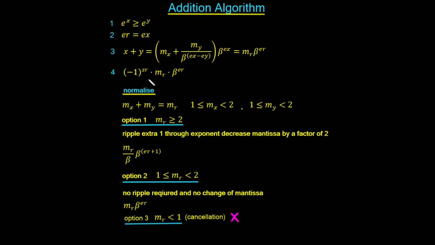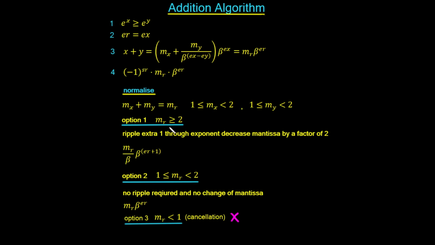So what we have to do now is go through the normalization phase. We know that the mantissa for x is going to be a number that's greater than or equal to 1 and less than 2. The mantissa for y is a number that's greater than or equal to 1 and less than 2. So we're going to have 3 options whenever we add these numbers together. We're going to have option 1, where the mantissa of the result is a number greater than or equal to 2.